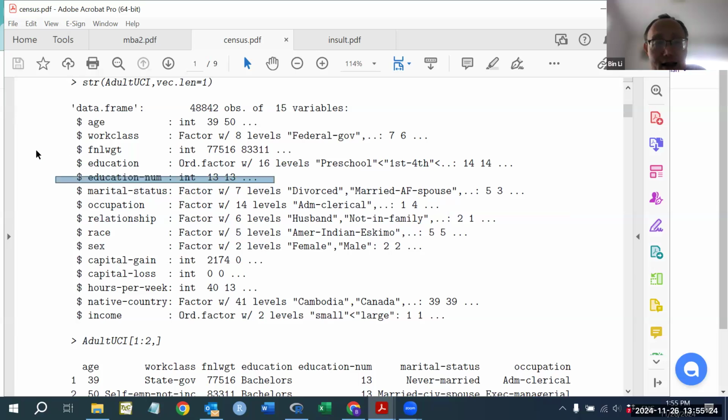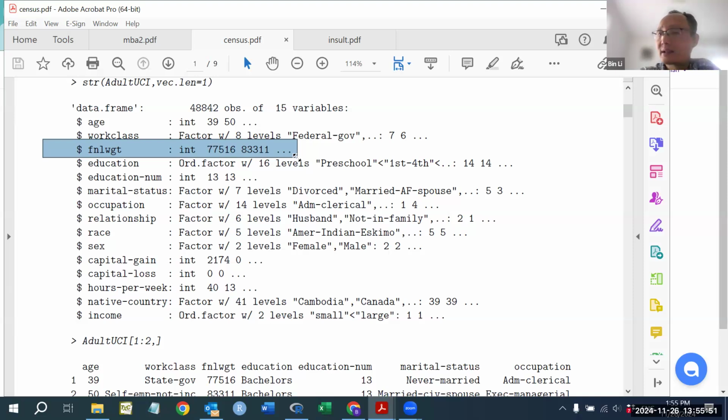This one is exactly the same as education, which just represents the education through numbers. So that's why I will remove this variable. And also this one is the weight for the census data. These weights are given by the designer of this survey study. So this is not related to our response variable. So we will just remove this one and this one.